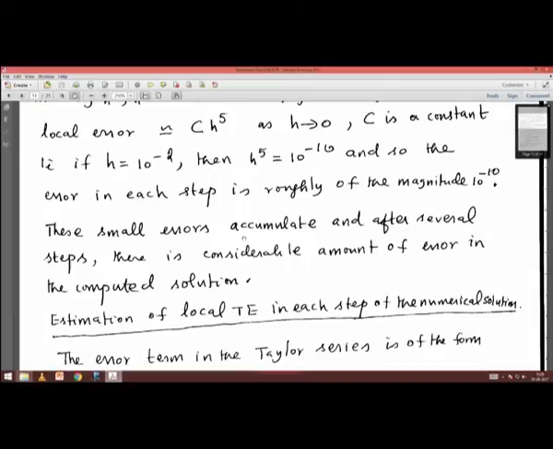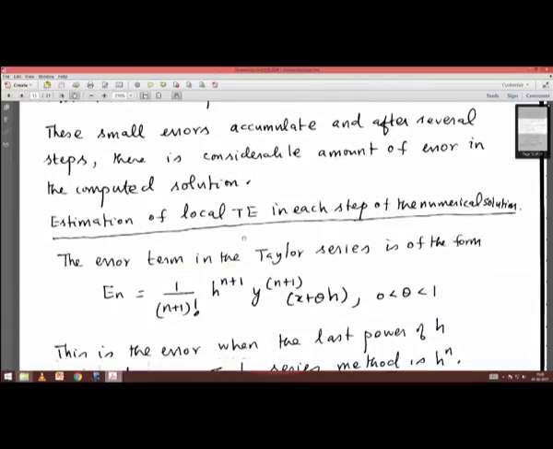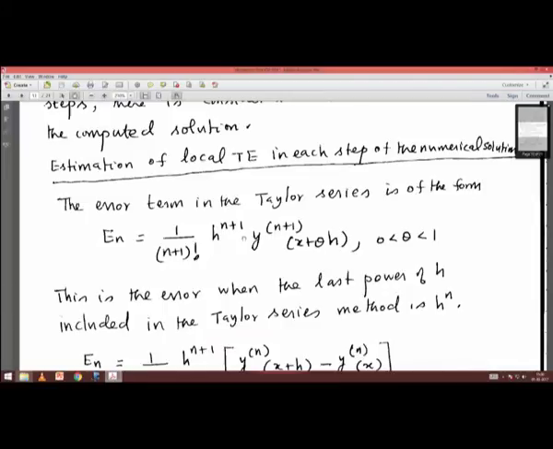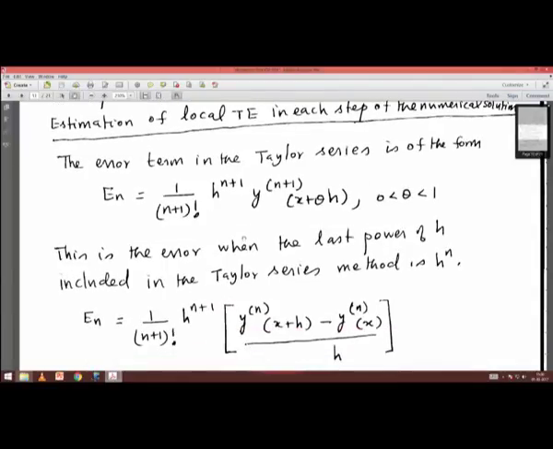So, the question is, can you estimate this local truncation error at each step of your numerical computation? Yes, it is possible. So, let us see what the estimate is. We know that the error term in the Taylor series of order n is of the form, say, E n, which is equal to the first neglected term. We have included terms up to h to the power of n in our computation.